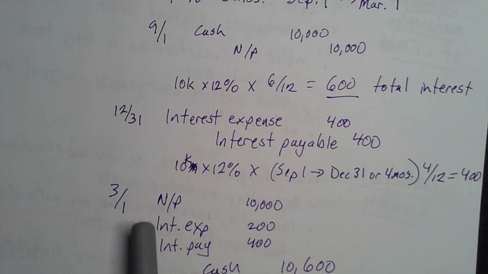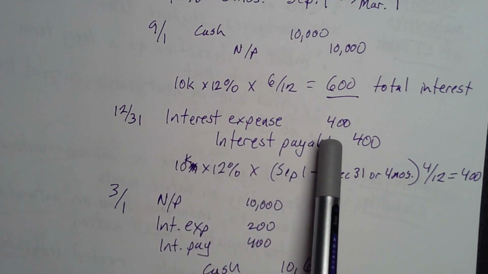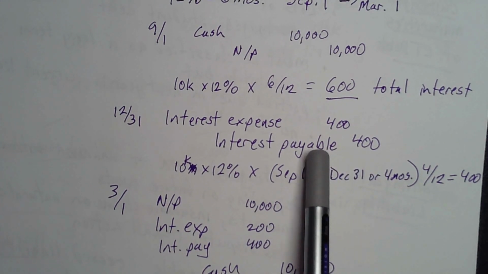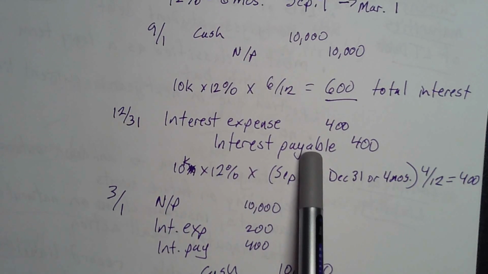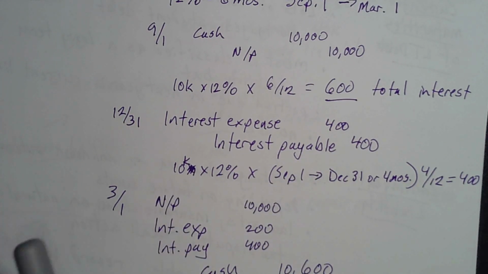So let's look at the adjusting entry at the end of the year. On 12/31, the interest expense is $400 and the interest payable. And of course, what are we looking at this for? Because we have a payable, we have a current liability. So how much is it? From September 1st to December 31st is all of September, October, November, and December.